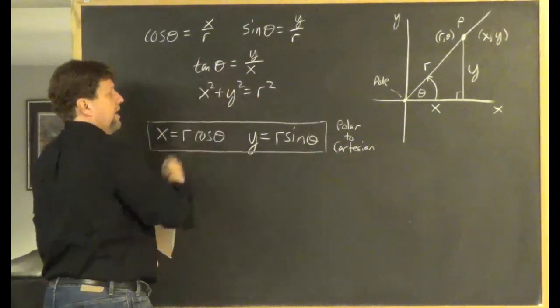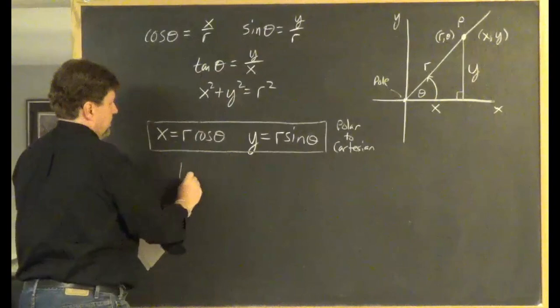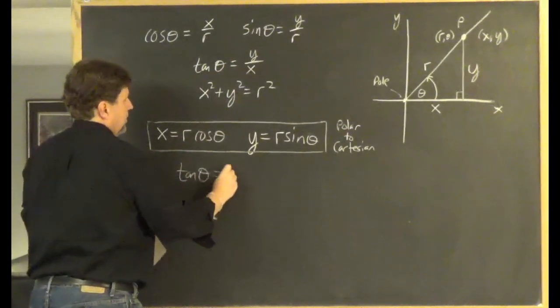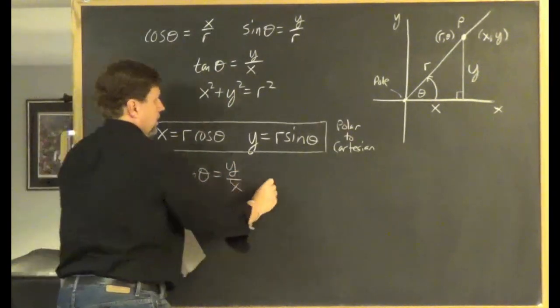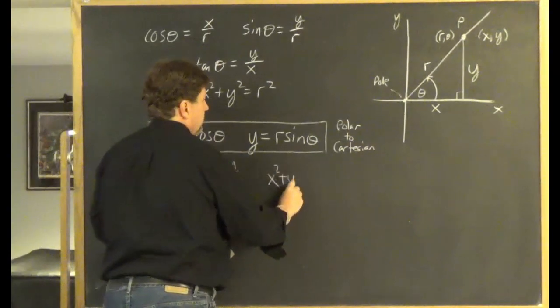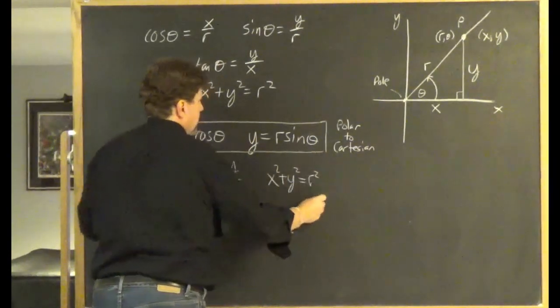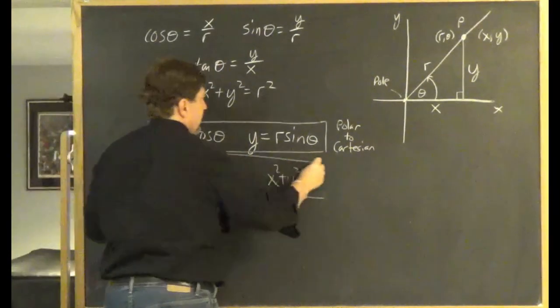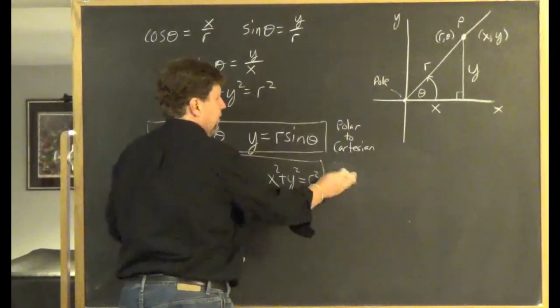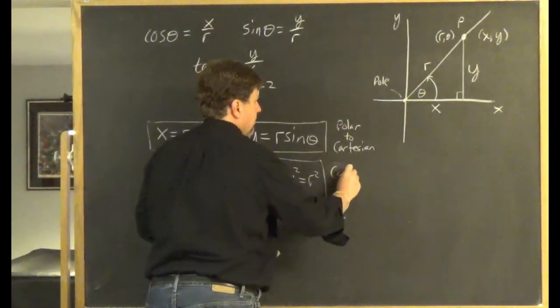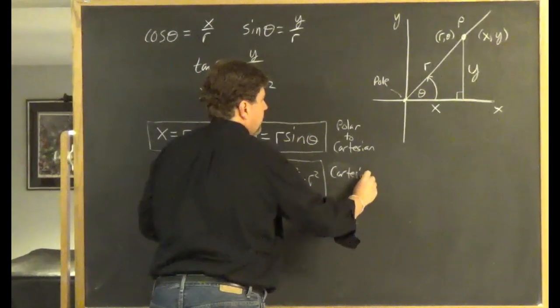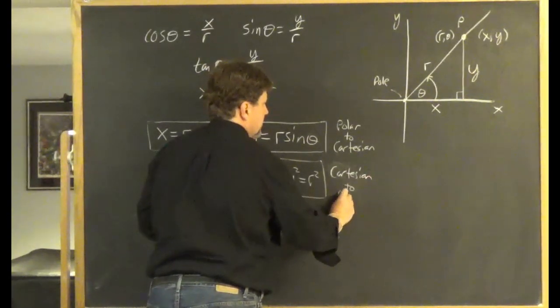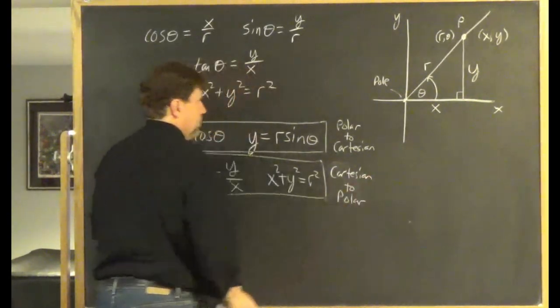What do these two equations do for us? Well, what they do is they tell us how to convert from Cartesian to polar.